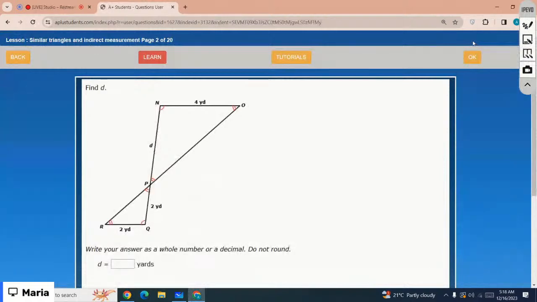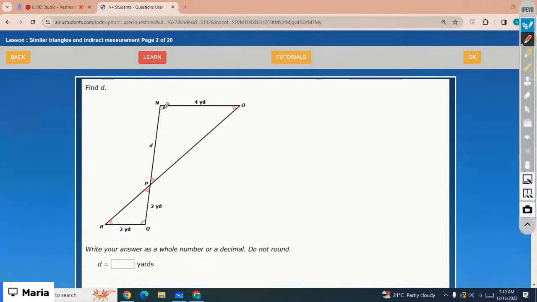Okay, find D. Where is D? Oh yes, here is D. So again, you can see this side Q is similar to N, R is similar to O, and P is similar to P, because they both are the same, right? You have 2 and 2.